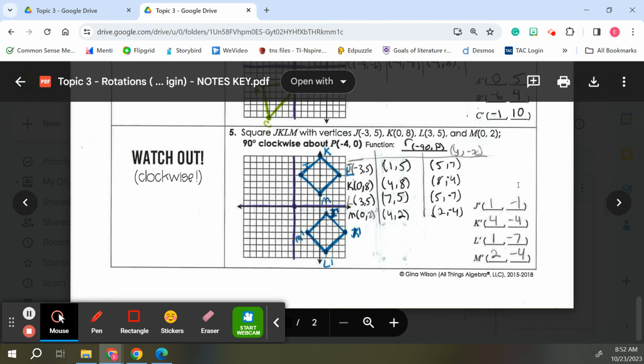Any questions on number 5? Anything at all?